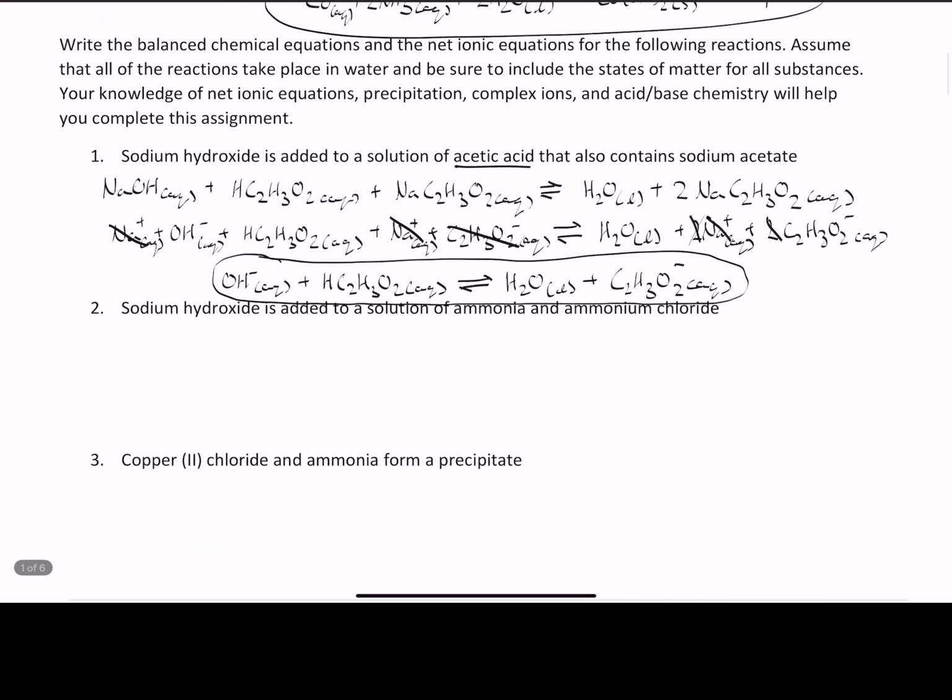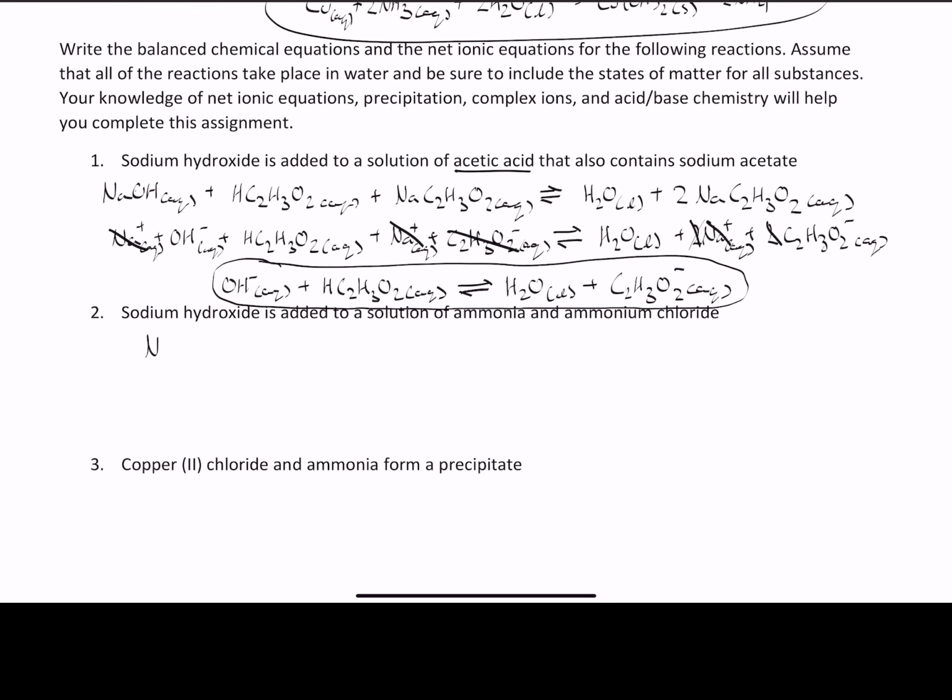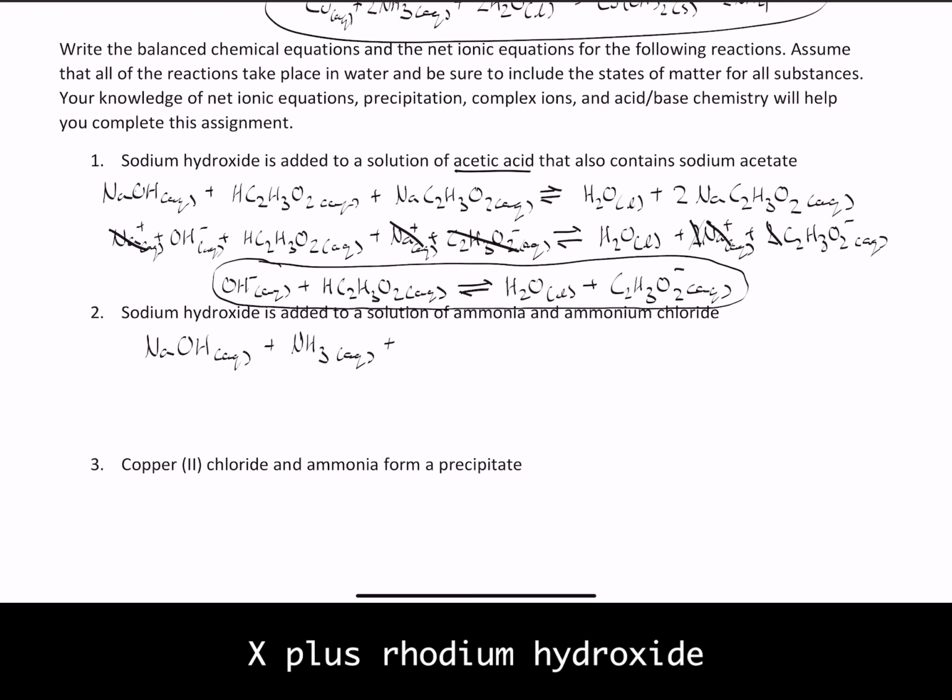Let's see. So this one's sodium hydroxide, aqueous, plus ammonia, aqueous, plus ammonium hydroxide, or ammonium chloride.